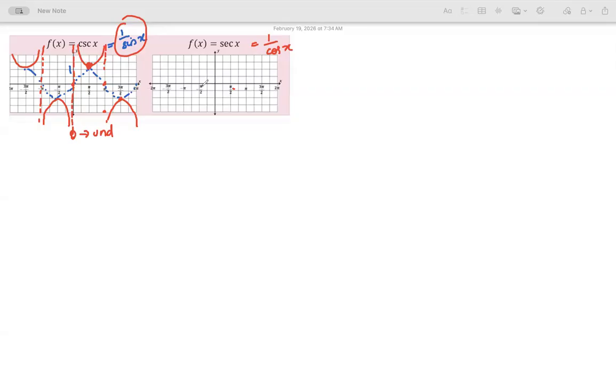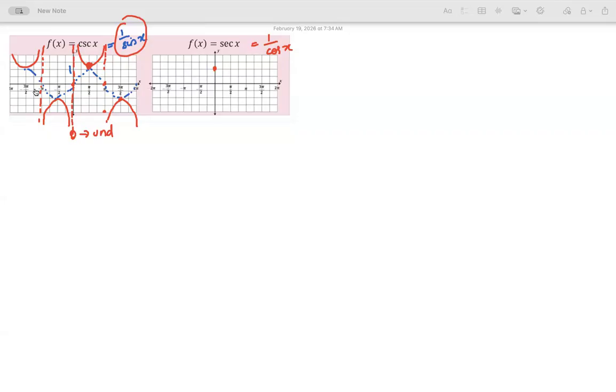Now coming to cos. Let's go over the cos function. One second, guys. I don't want to draw the cos function directly.